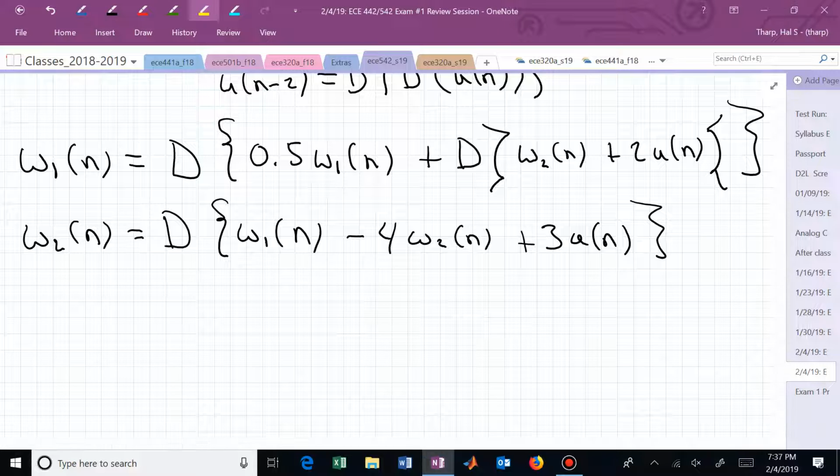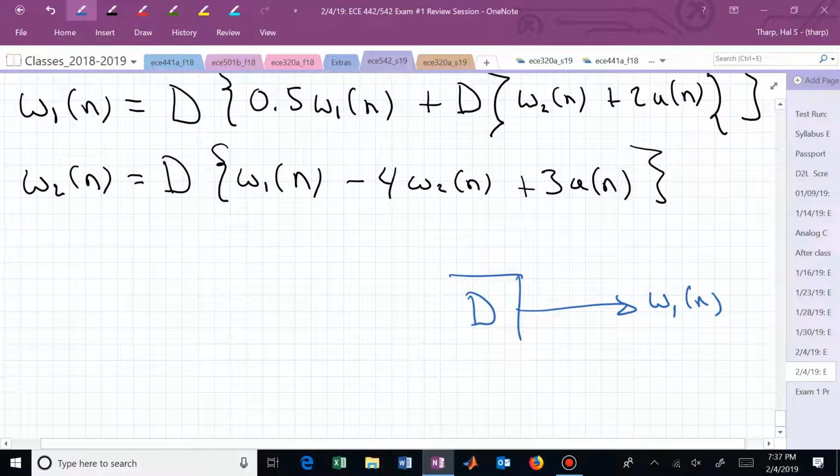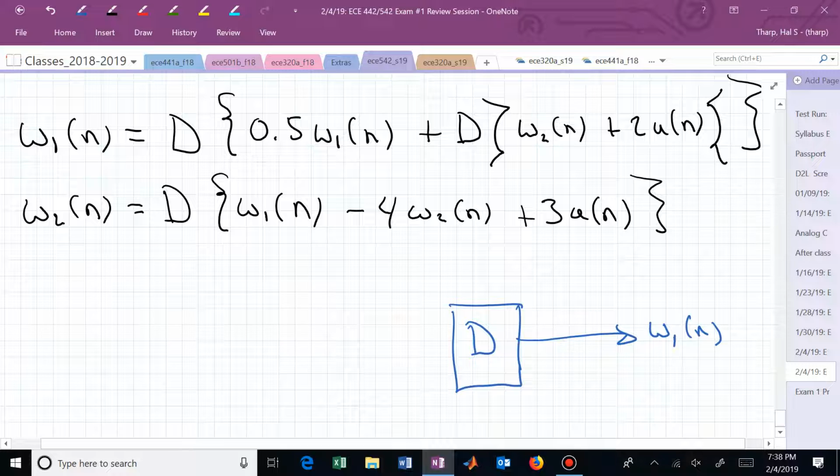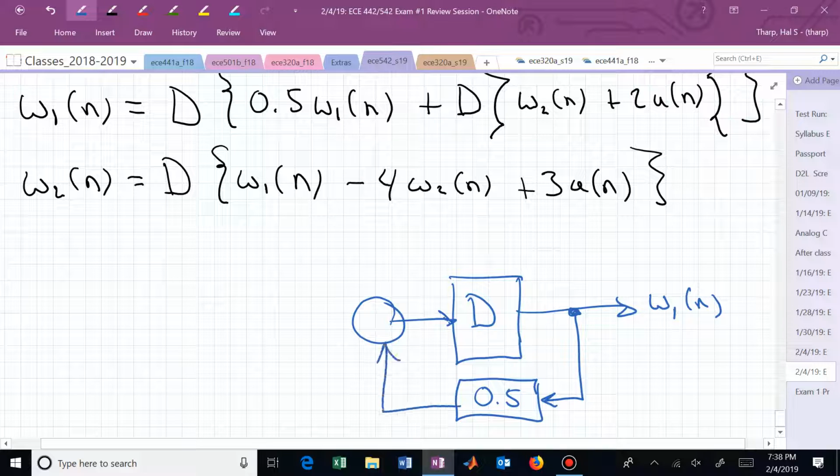So let me do it maybe a different way and say, what if I now say that W1 is right there, and that's coming out of a delay block from the first equation. Going into that delay block, the input to that delay block is 0.5 times W1, and I can generate that this way.